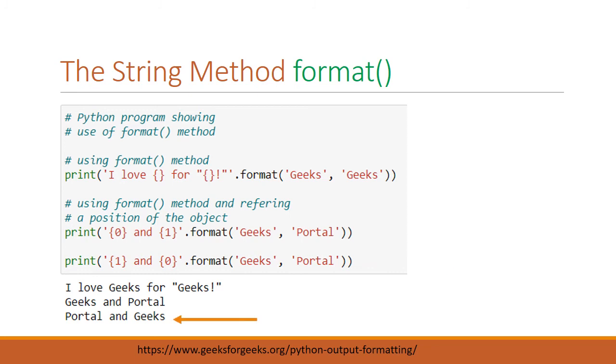Examining the output, we can see that the first argument in the format method, geeks, has replaced the 0 surrounded by curly brackets, and the second parameter, Portal, has replaced the 1 surrounded by curly brackets. So position 0 is always the first argument in the format method. Position 1 is the second position in the format method.